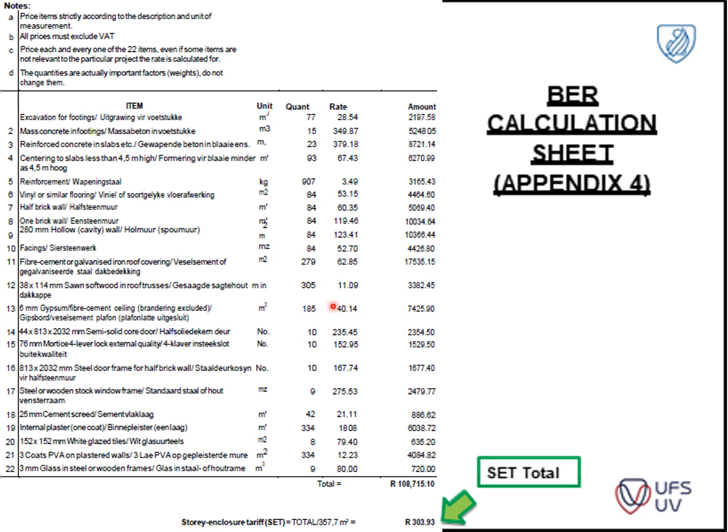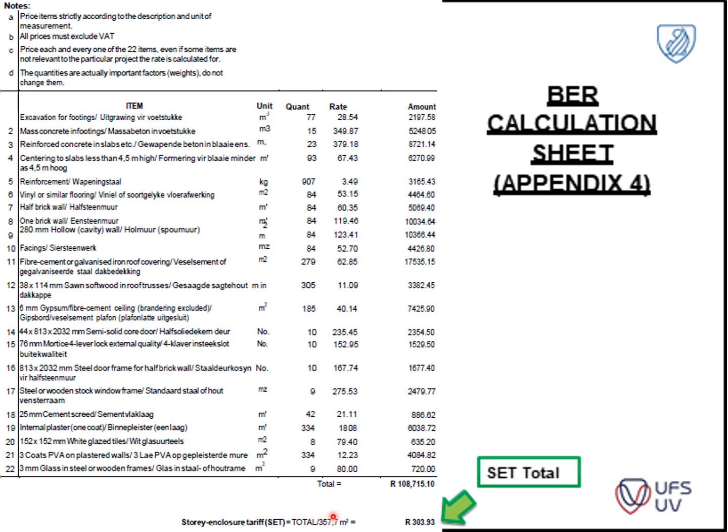So this is typically how the calculation sheet looks, and this is what you will use when you're calculating your store enclosure tariff. These items always stay the same, and you take a historical building to price all of these items to get to a standard store enclosure total, which is then divided by the standard 357.7 square meters.